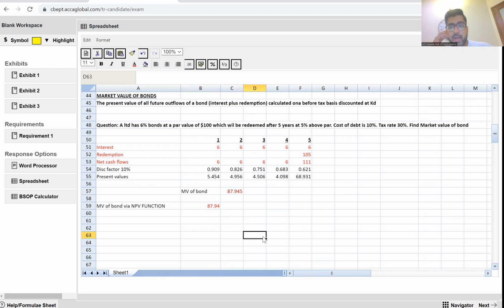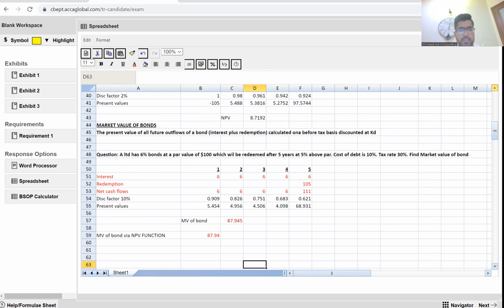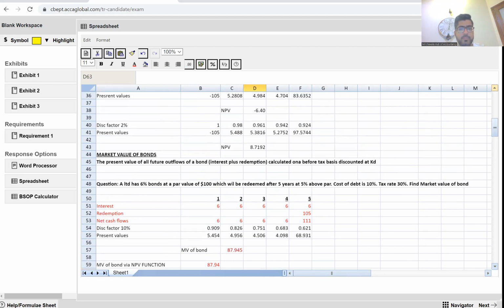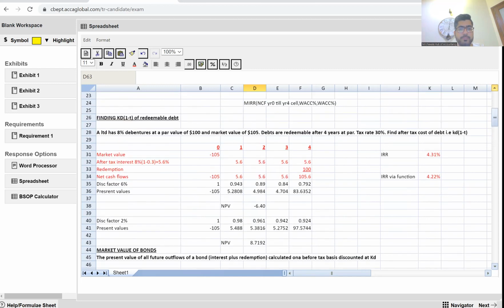So NPV and IRR functions are not only helping you in the long NPV answer and the long IRR answer. They also help you in market value of bonds. They also help you in KD. You all know KD of redeemable is via IRR. No need to write market value after tax. KD is after tax.